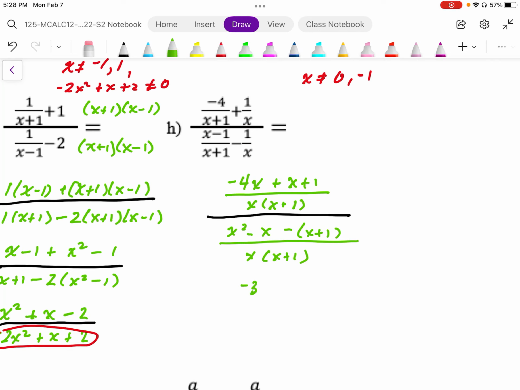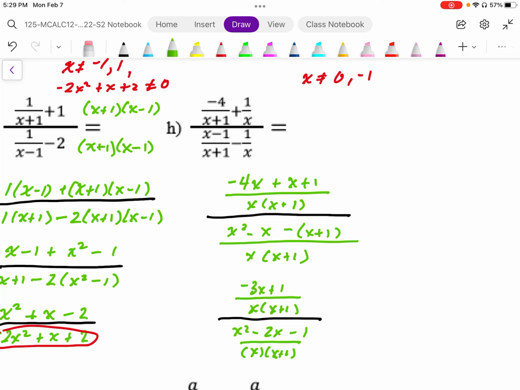So this ends up being negative 3x plus 1 over the common denominator, x plus 1, and all over the main fraction here. And here I end up with x squared minus 2x minus 1. Okay, and that's all over my common denominator, x times x plus 1.